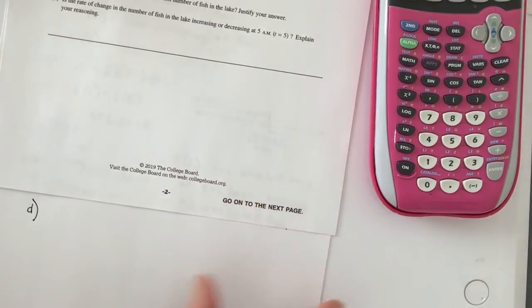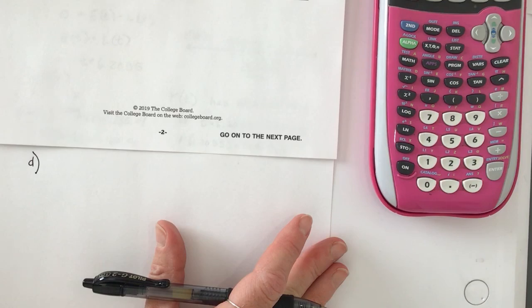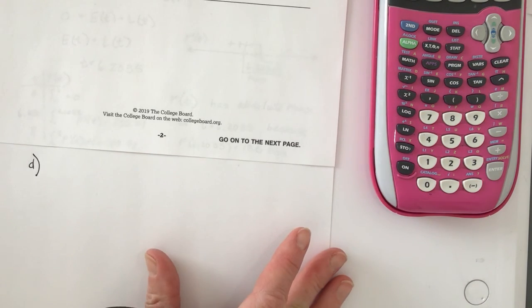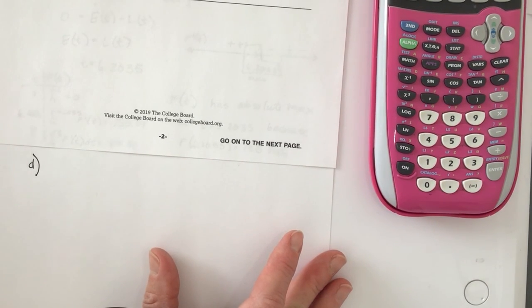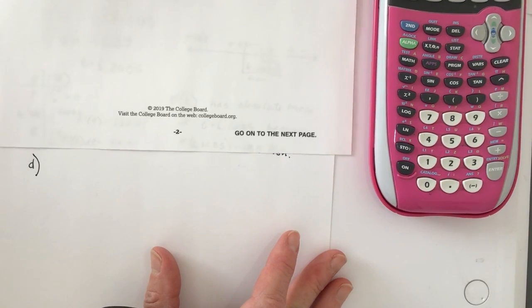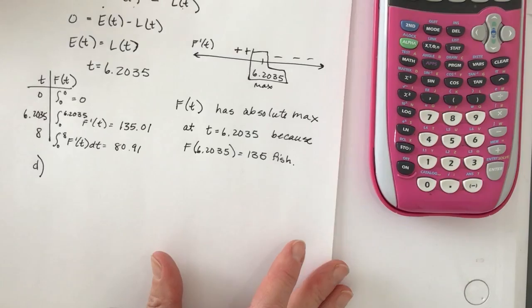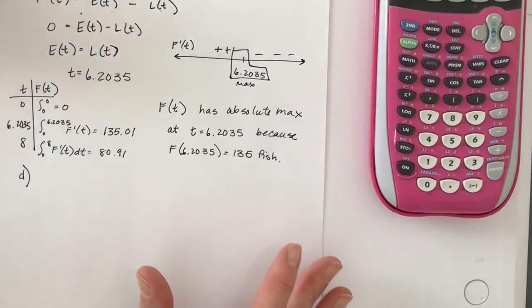Yay. Okay, let's go. Here we go. Is the rate of change in the number of fish in the lake increasing or decreasing at 5 a.m.? Explain your reasoning. Okay, so the rate of change increasing or decreasing. Now that's kind of an interesting question. Let's think about that.